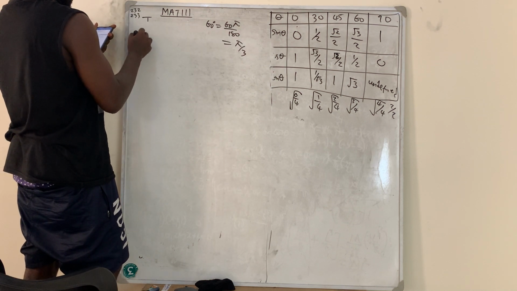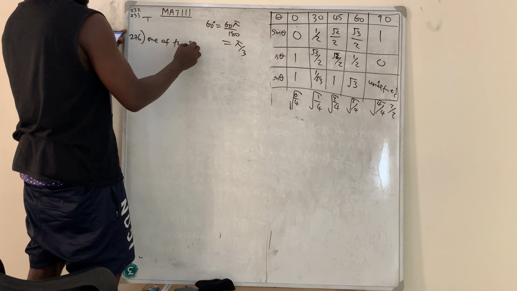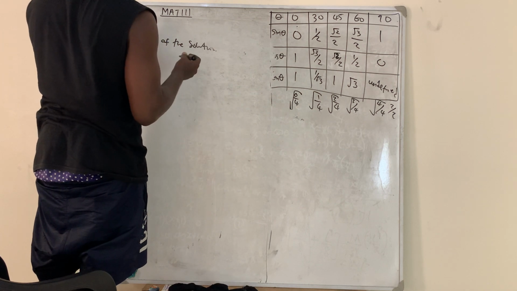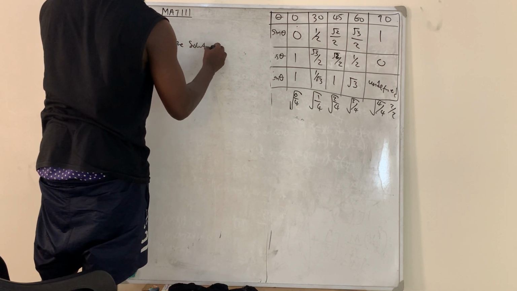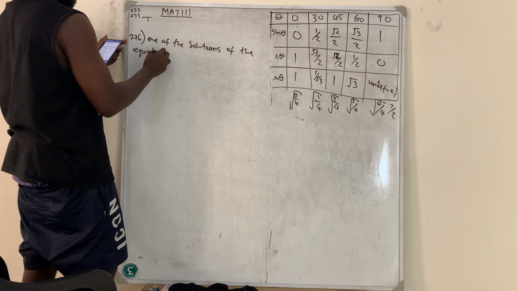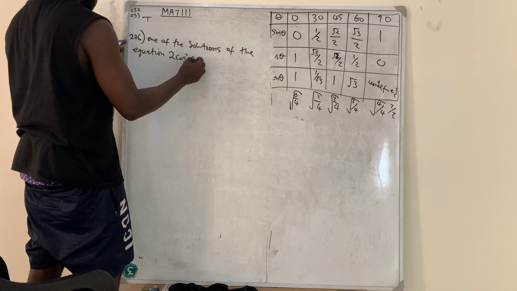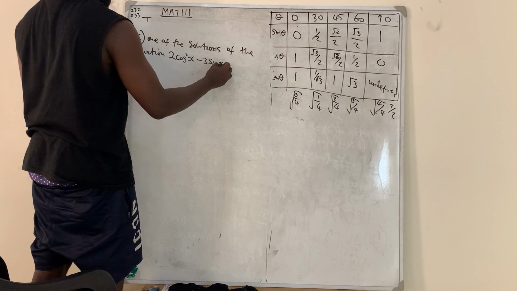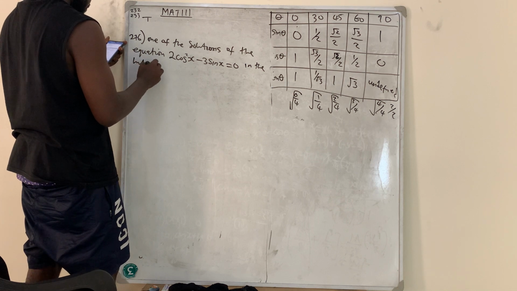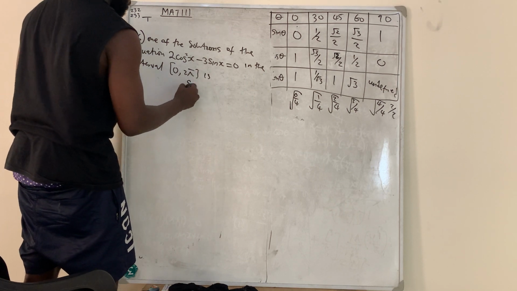So the last question, 276, which is the last question here, said one of the solutions of the equation 2 cos squared x minus 3 sine x is equal to 0 in the interval 0 and 2 pi is, okay, one of the solutions.